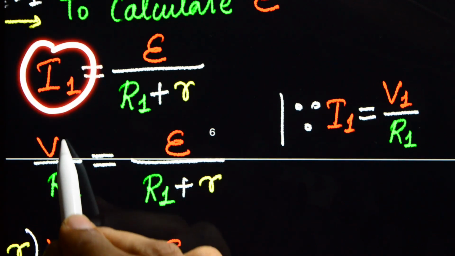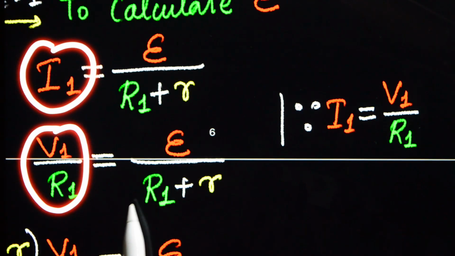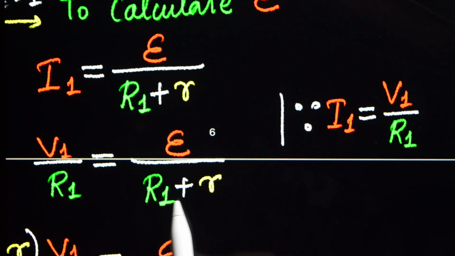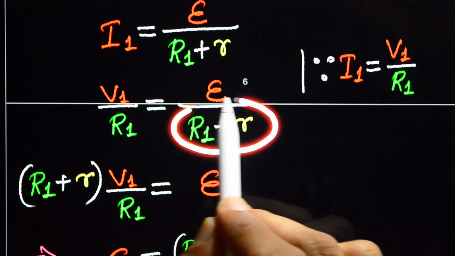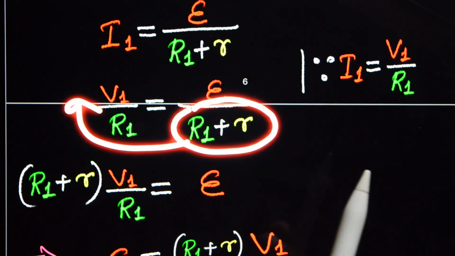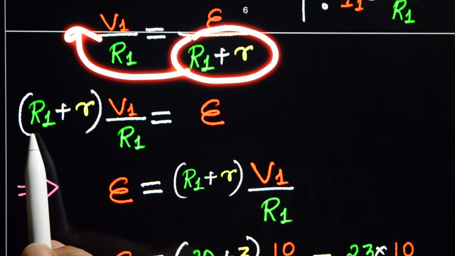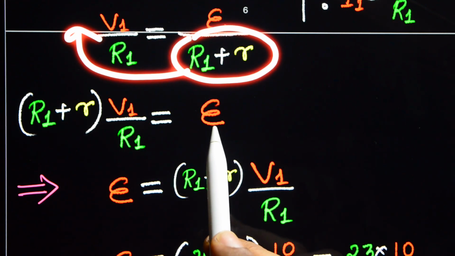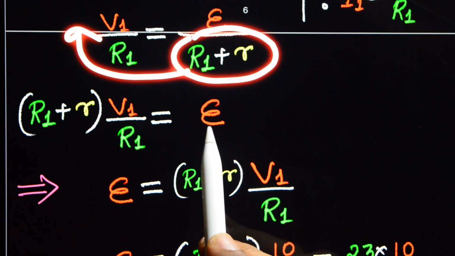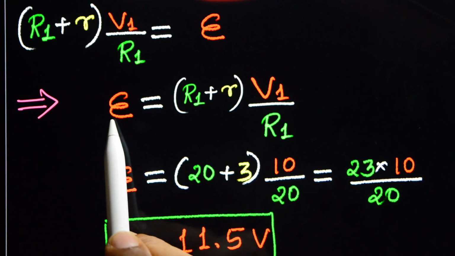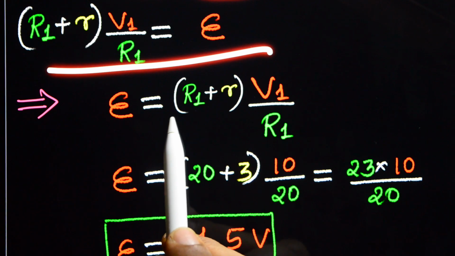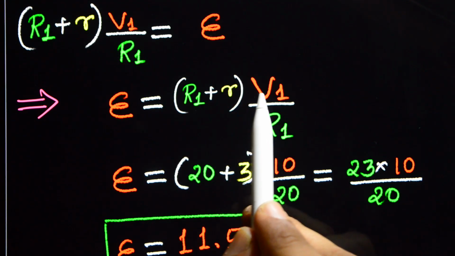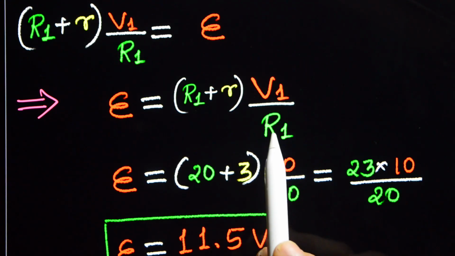Instead of I1, we write V1 by R1 is equal to E divided by R1 plus small r. Take it to the left side. R1 plus small r into V1 divided by R1 is equal to E. So E is equal to R1 plus small r into bracket V1 by R1.